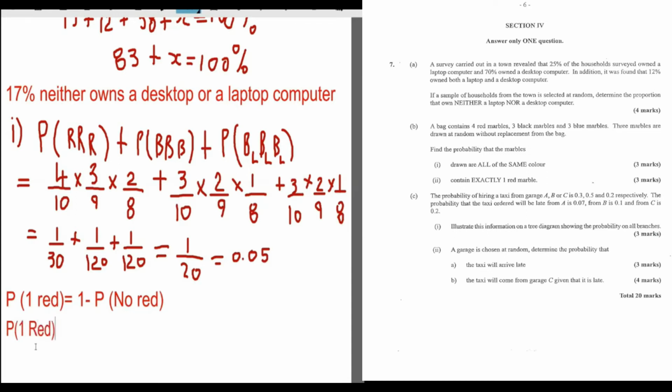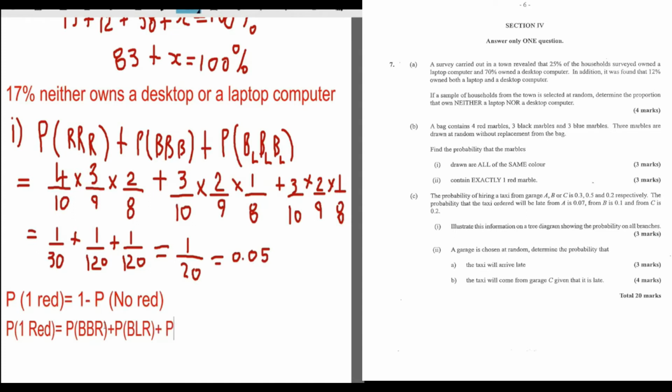The probability of one red means you can get a black, a black and then a red. Or you can get a black, then a blue, then the red. It doesn't matter, it's just one red there.